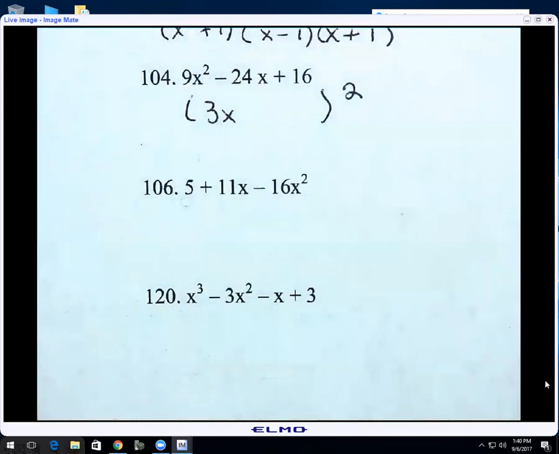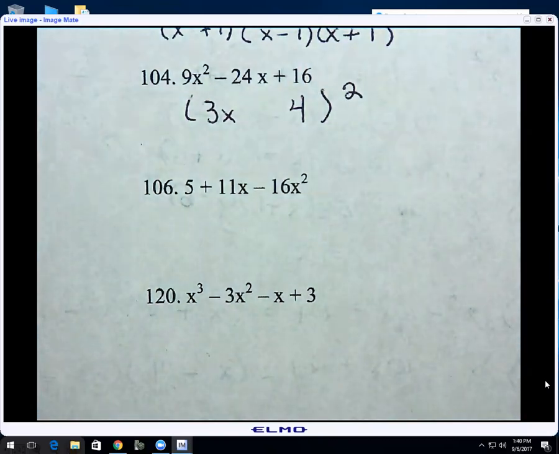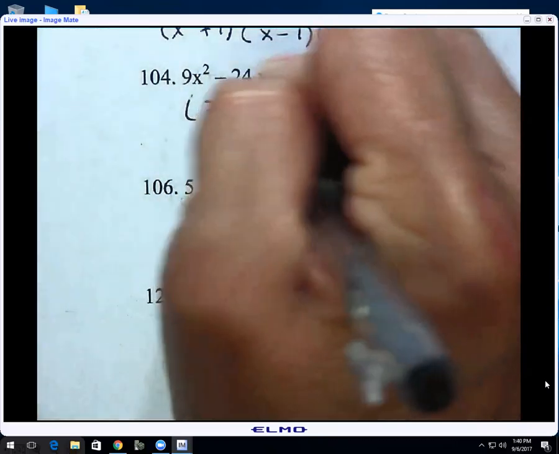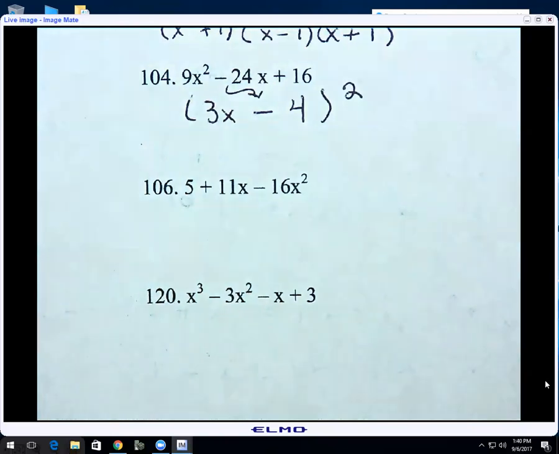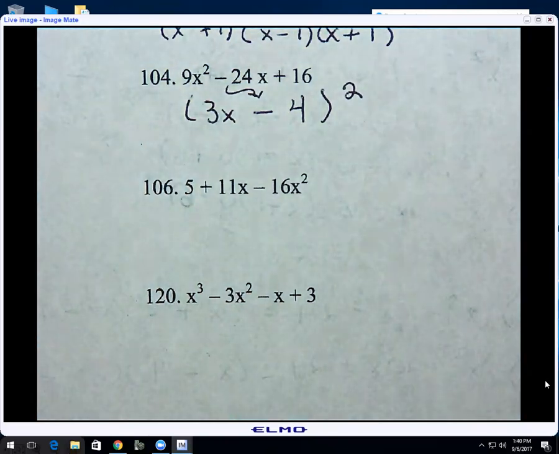Square root of the last term is 4. What should the sign be? The middle sign, so that when I fold that back out, it gives me a negative 24x in the middle. Can it be factored further? Nope. So that's it.